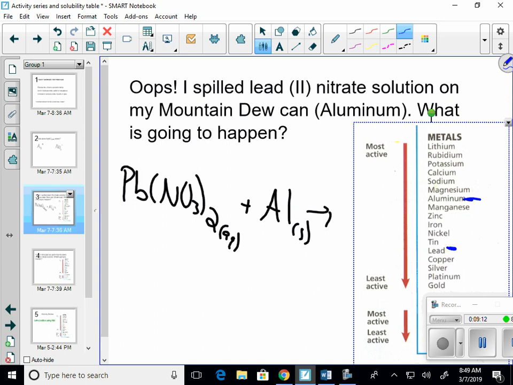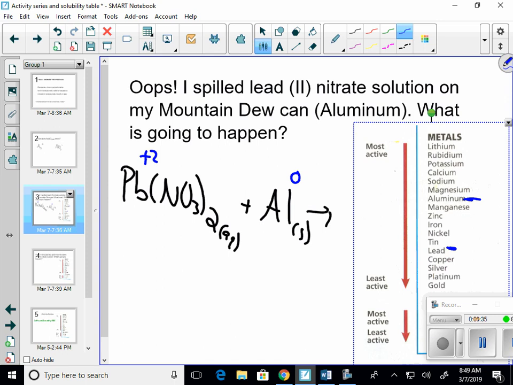This is something that we covered first semester, so I understand if we're not quite remembering it, but the ion form is more stable. That means right now, lead being a plus 2, because aluminum doesn't have a charge right now, it's by itself, lead is the more stable thing.